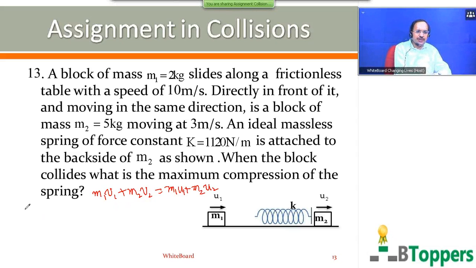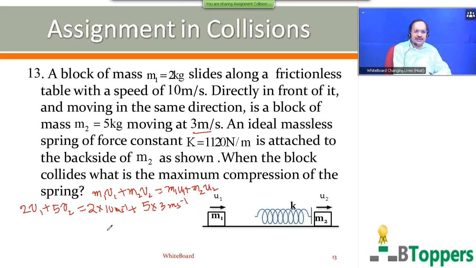Here M1 is 2 kg, U1 is equal to 10 meter per second. M2 is 5 kg and U2 equal to 3 meter per second.